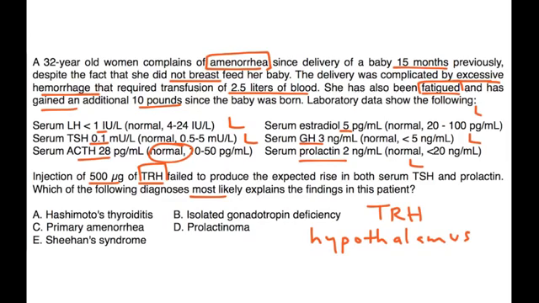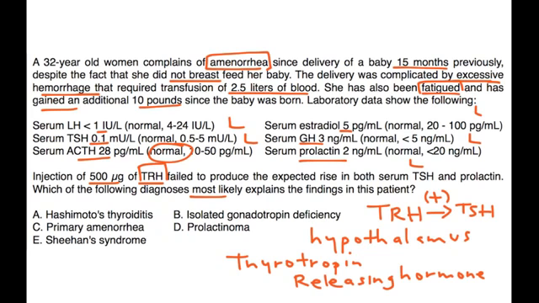So TRH stimulates the pituitary to produce TSH. TRH stands for thyrotropin releasing hormone. But in this patient, it fails to do so because the pituitary is not functioning properly. So this all points to Sheehan syndrome, which is choice E.